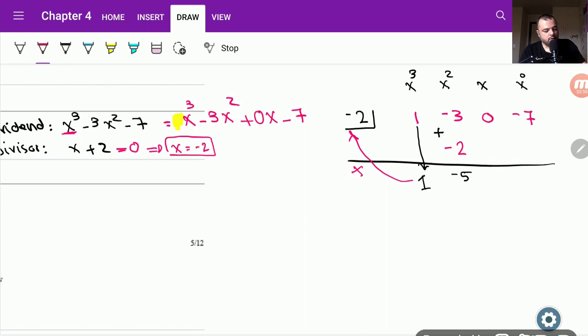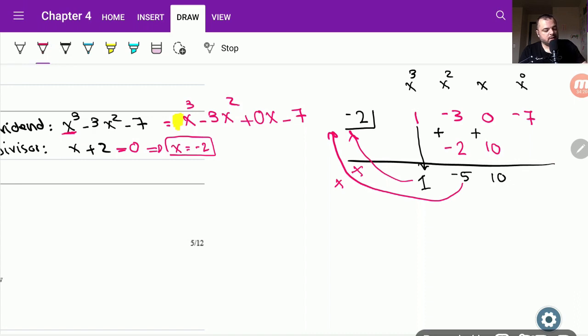Then we repeat: multiply by negative 2. You get positive 10. Place it again here. Then you add these two numbers and get positive 10.